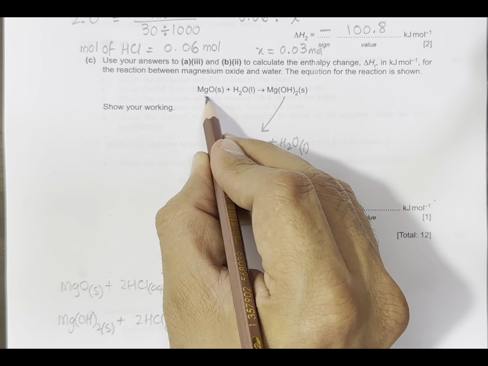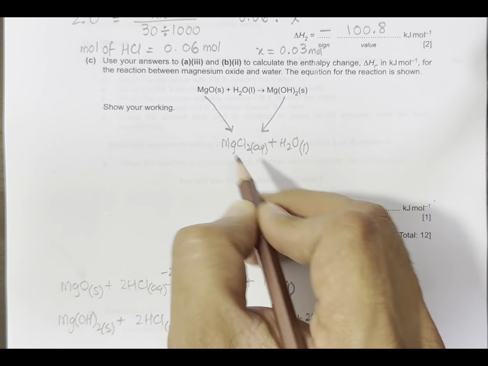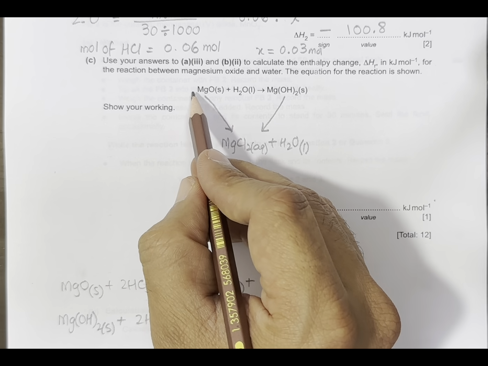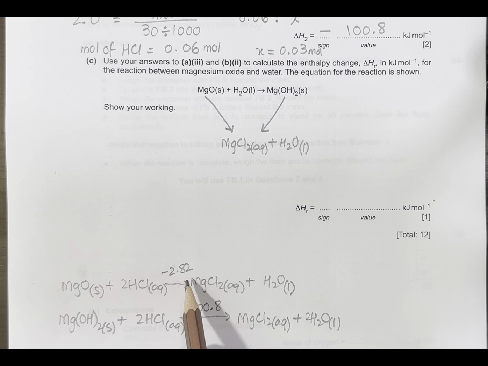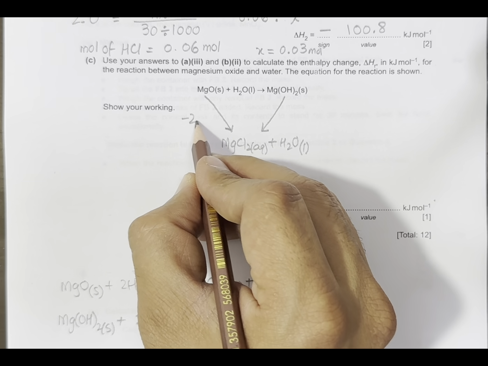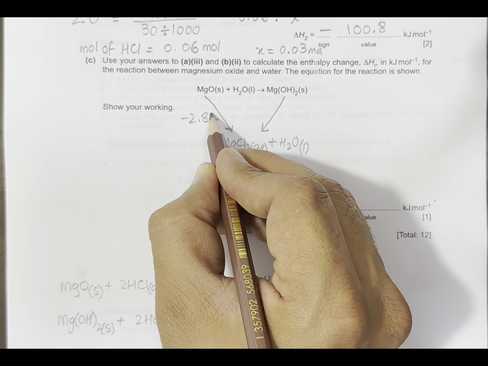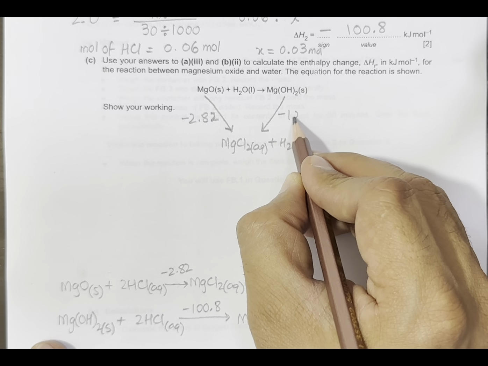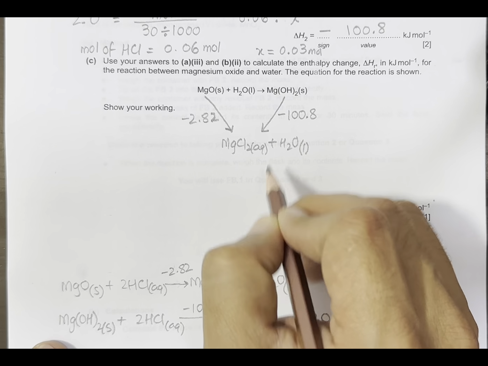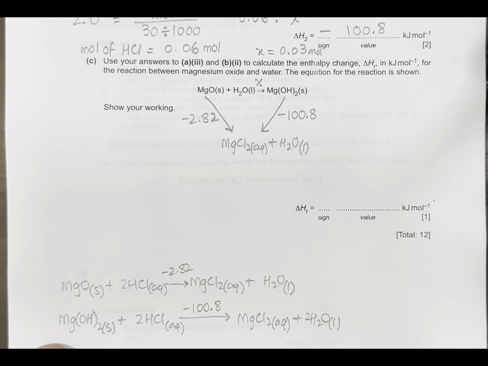Exactly this way, this magnesium oxide is also reacting to form this. Now 1 mole of magnesium oxide when reacting with HCl gives you minus 2.82. So we will take here minus 2.82 for 1 mole, and for magnesium hydroxide 1 mole we have calculated minus 100.8. So in this case we will find the value of X by looking at the direct and indirect route.